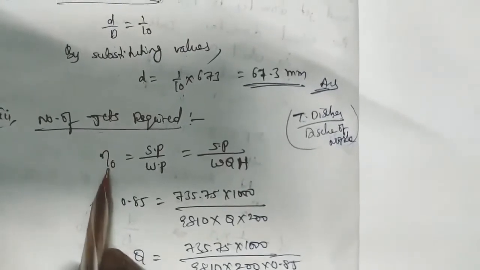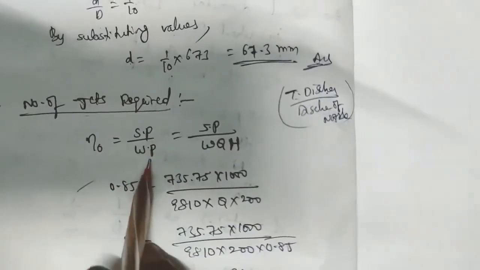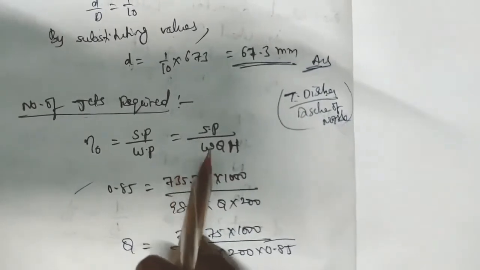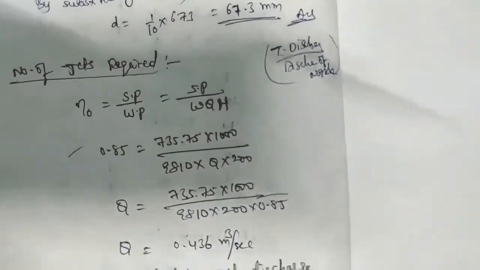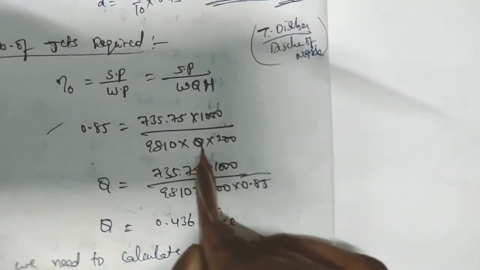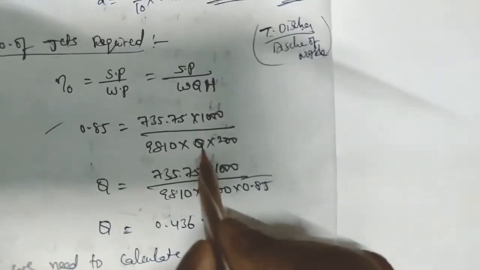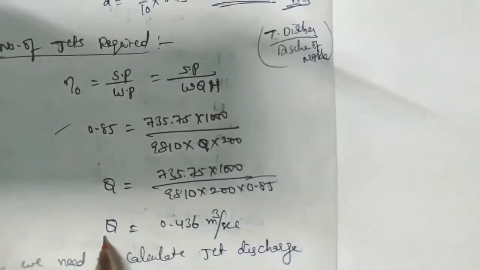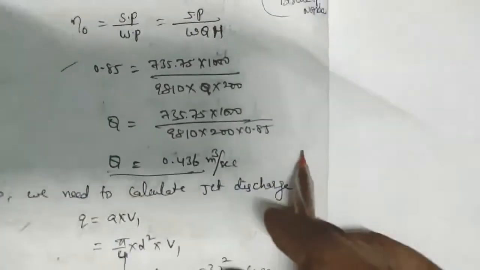Overall efficiency equal to shaft power by water power, and water power formula is WQH. By substituting the given values, we obtain capital Q, the total discharge of water through the turbine. Q value is 0.436 meter cube per second.